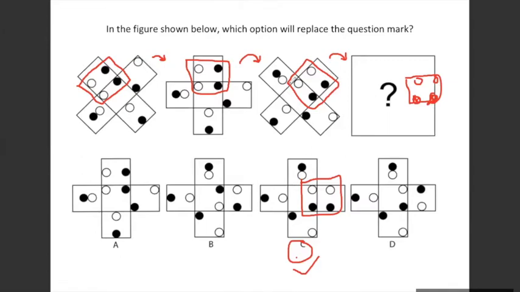So if you don't try to reconstruct the whole geometry in these kind of sequence based questions, if you want to make your task easier and quicker, the best thing to do is take just one part of the figure, like I did in this case. I just took these four circles and checked them across all the options, and then I say, okay, in the fourth option, the position of the four circles should be like this, on this side.